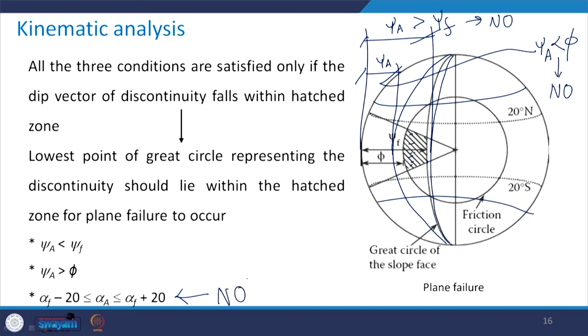So, in order to satisfy all these three conditions, the discontinuity must lie within this hashed zone. If it goes here or this side or that side, top or bottom, either of these three conditions are not going to be satisfied, and therefore the plane failure is not going to take place.